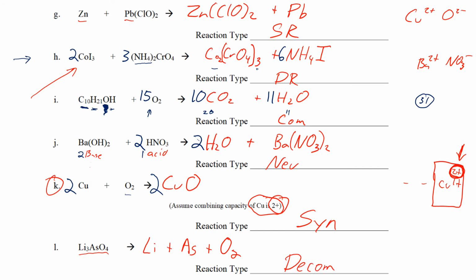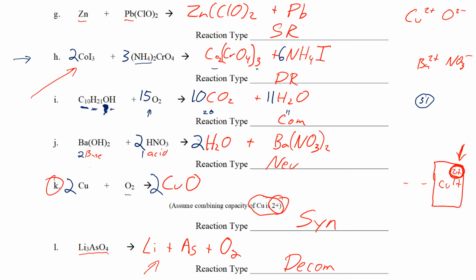I did tell you you can write this by just breaking it up like that. I do want to emphasize that not everything just breaks up into its elemental form. There are a lot of decomposition reactions that often break into a compound plus an element or something along those lines, but we'll just say that it breaks up into these different elements. Okay.